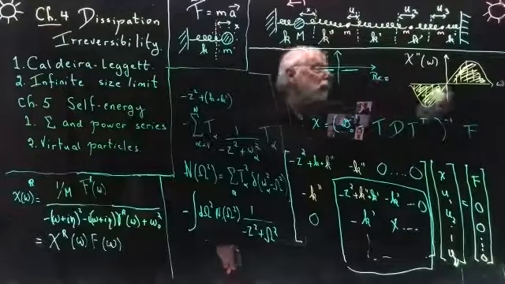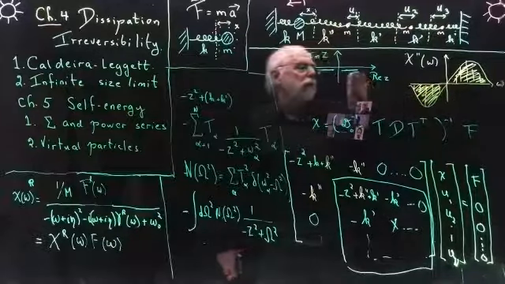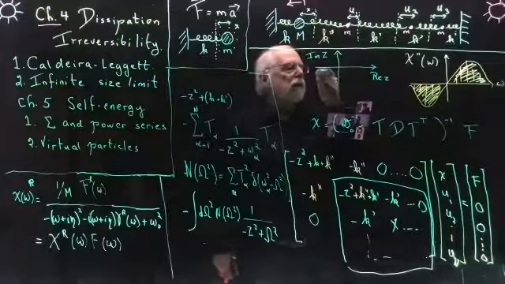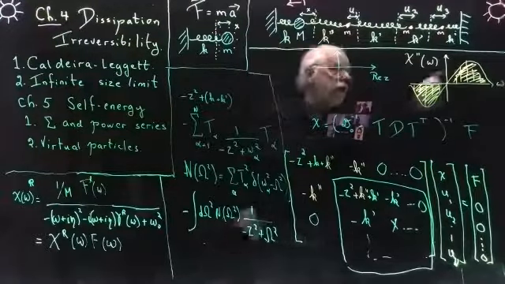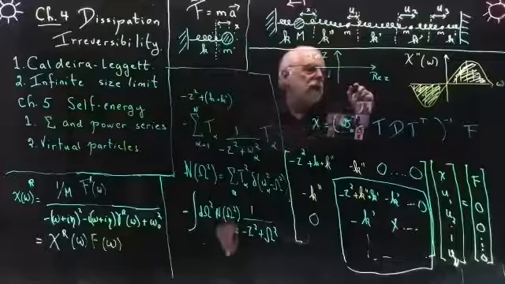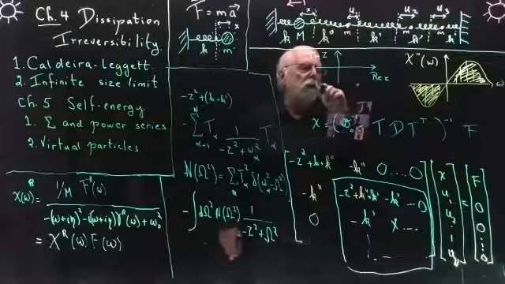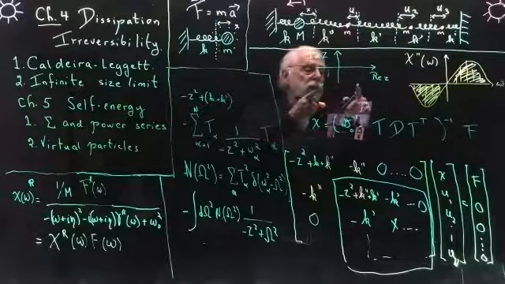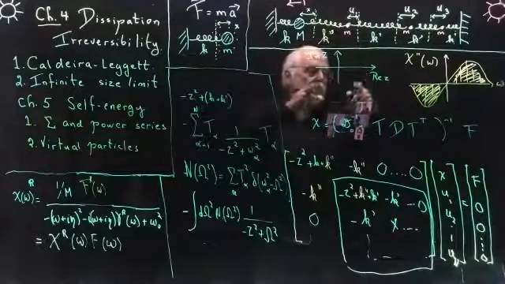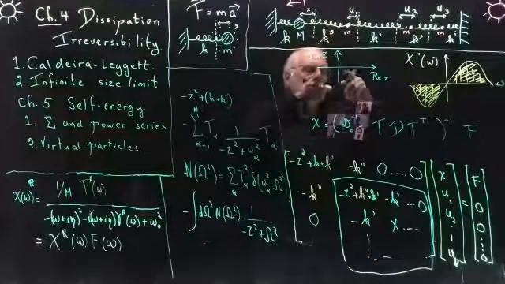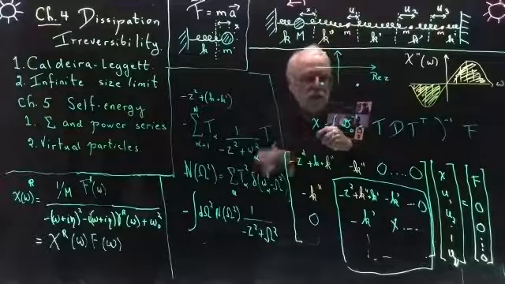Now, if I decide to approximate this by some sort of Lorentzian, just one Lorentzian, what will happen is that the poles here will move. A Lorentzian is just one pole, so it will move far below the imaginary axis.